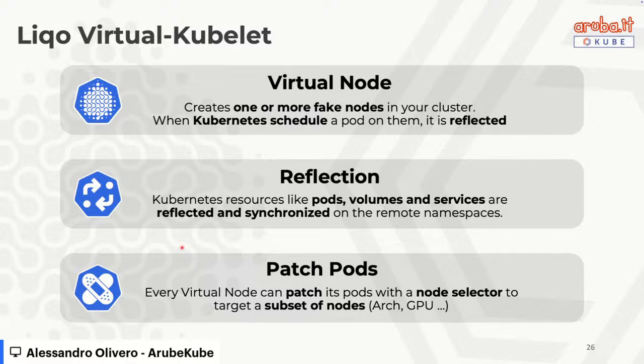We synchronize pods, volumes, services, etc. between the offloaded namespace and its twin namespace in the remote cluster. We can also patch pods when they are offloaded to the remote cluster. For instance, we can add a node selector in order to specify a specific pool of nodes that the pod needs to run on in the remote cluster, etc.